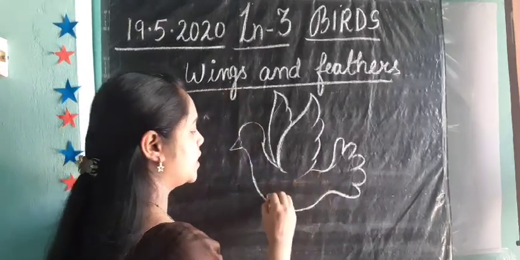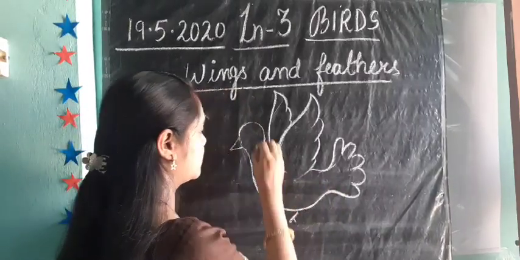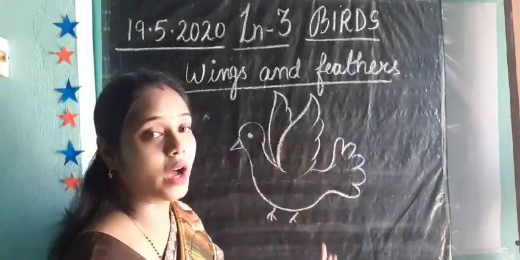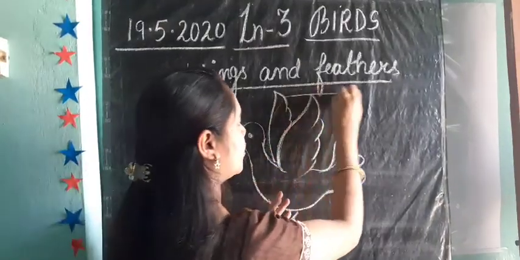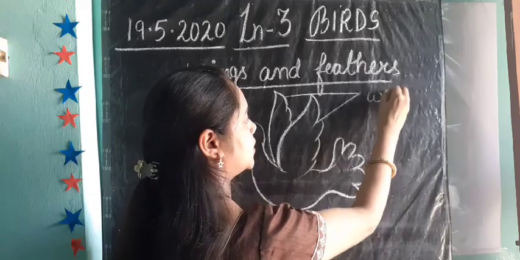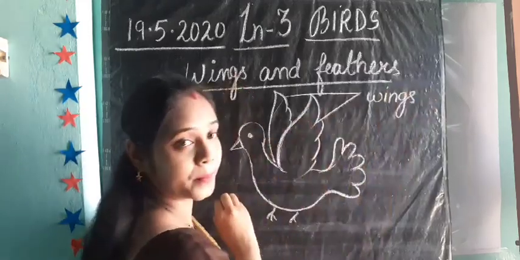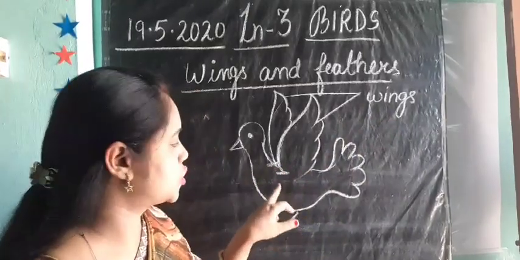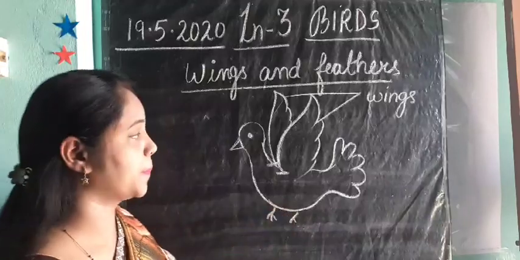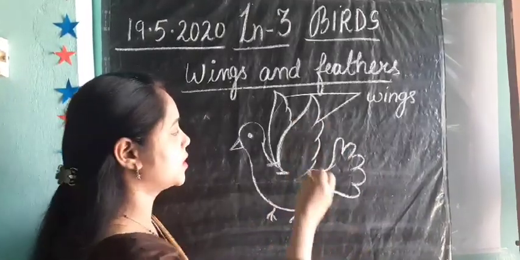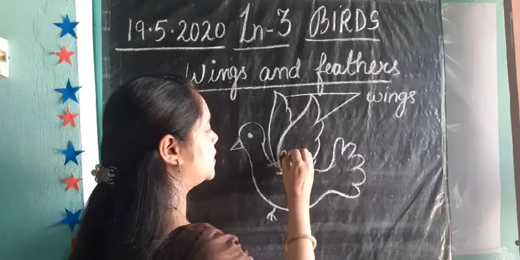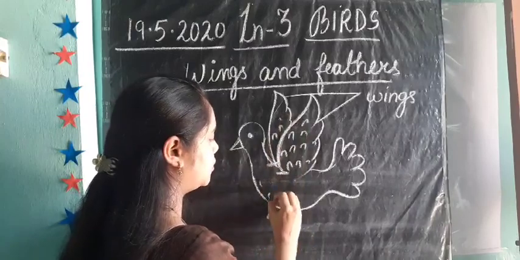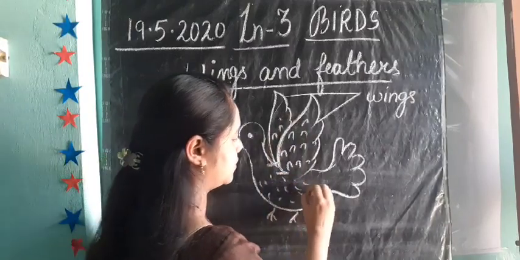So this is a bird, clear? And these 2 are wings, 1, 2. These wings are attached with strong muscles, and on these wings, small feathers are present. And you know, on the body also feathers are there.